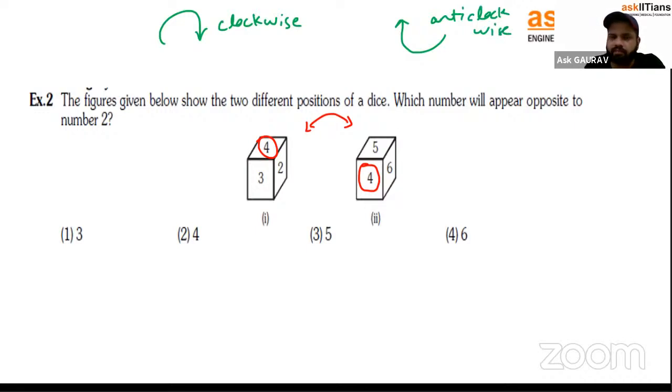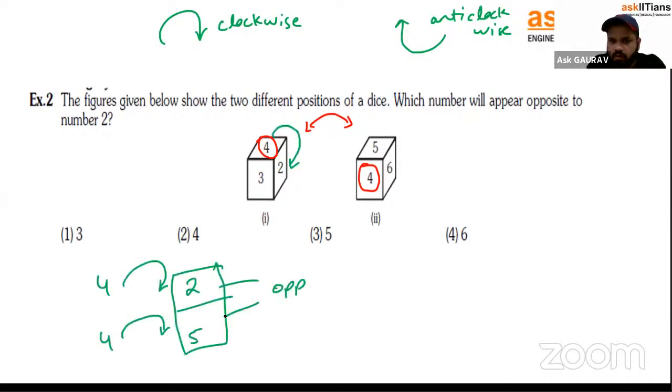As the dice is the same, if I just move from 4 clockwise, then it will be 2. Opposite. Is it clear or not?